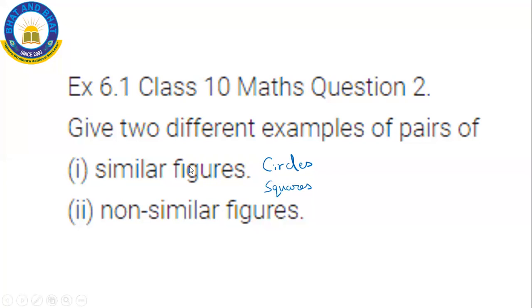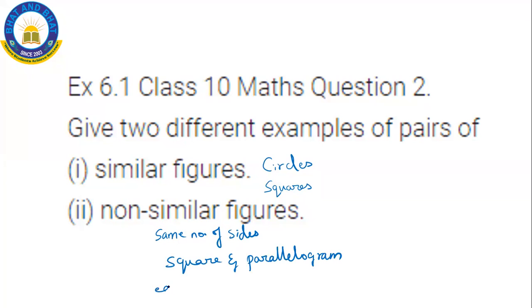The only thing we have to keep in mind is to give the same number of sides. So you give the example of a square and a parallelogram, where the angles will be different, and also an equilateral triangle and a scalene triangle. So we are keeping the number of sides the same, but changing the parameters, giving non-similar figures. That's all. I hope this was easy.